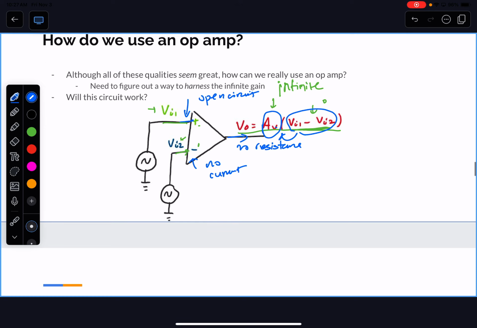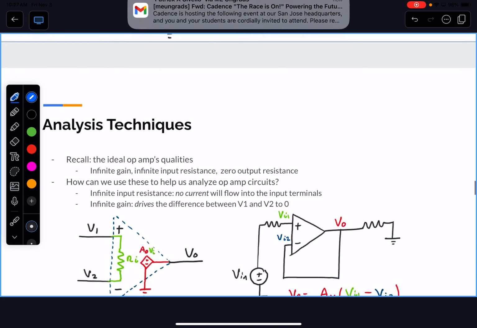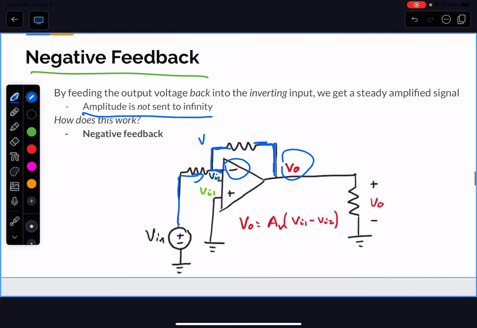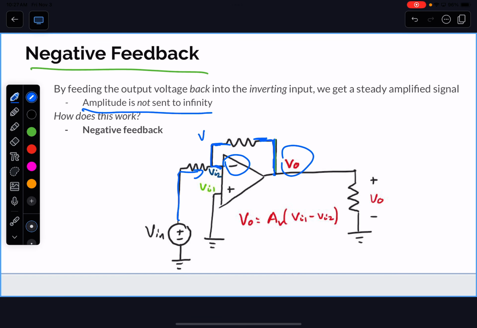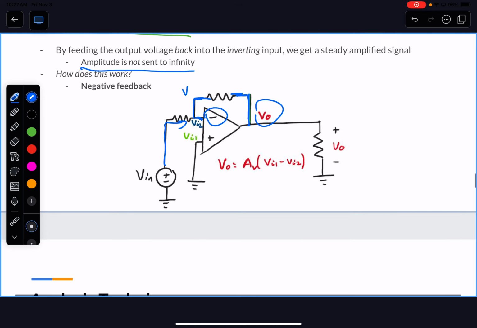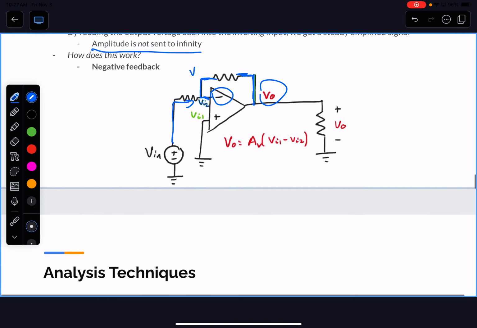So that's why V1 and V2 cannot be different. Otherwise, you'll have infinite voltage coming out of it. So in negative feedback, you feed your output back into your input, so that you can control it. Okay, we'll get some intuition going here in just a second.